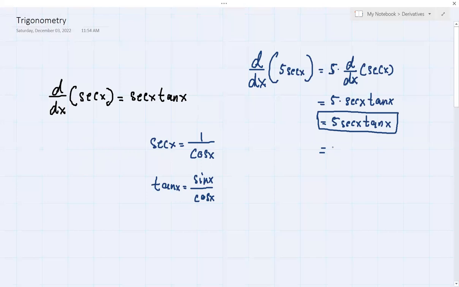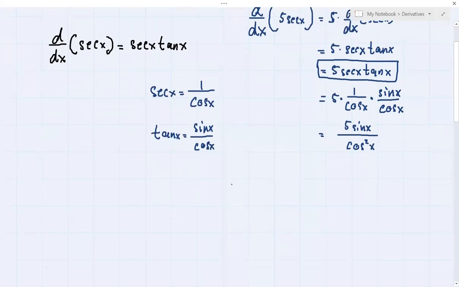So, this means I can rewrite this as 5 times the secant x, 1 all over cosine x, times tangent x, which is the same as sin x all over cosine x. Okay? That's it. So, in here, if i-multiply mo silang lahat, we have 5 times sin x all over the square of cosine. Okay? And pwede pa tong simplify kung gusto nyo.